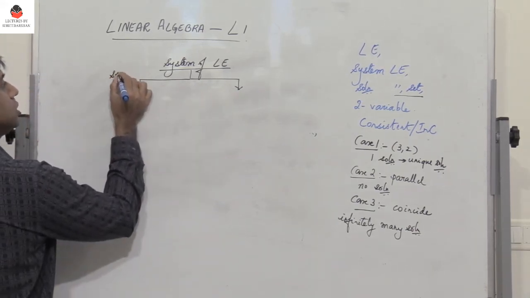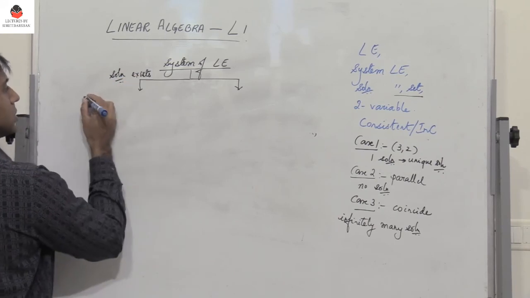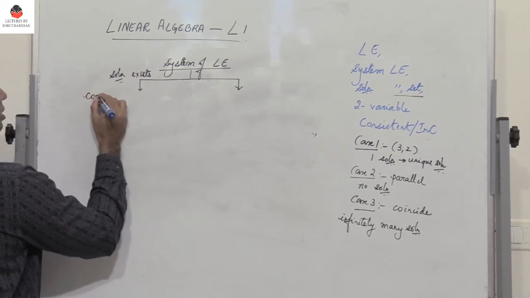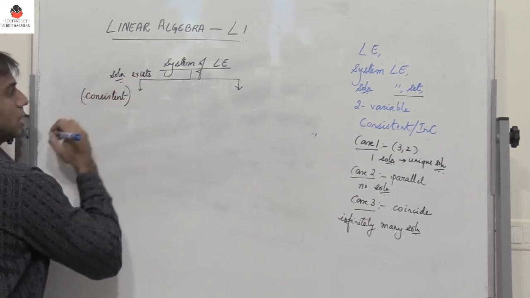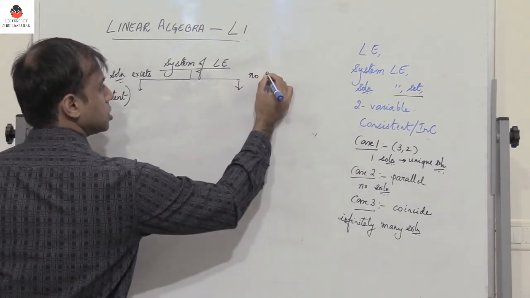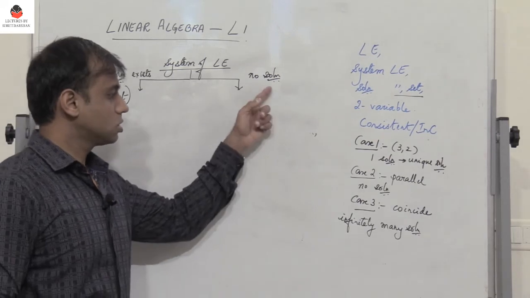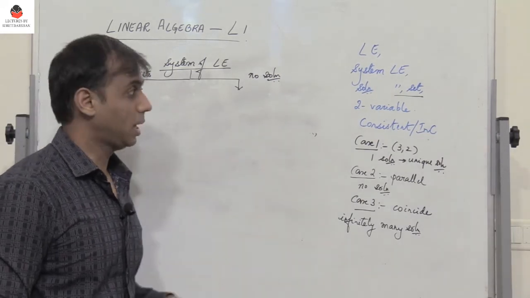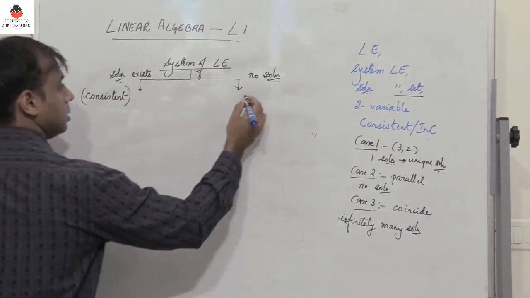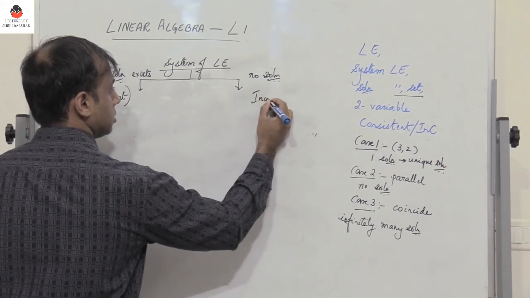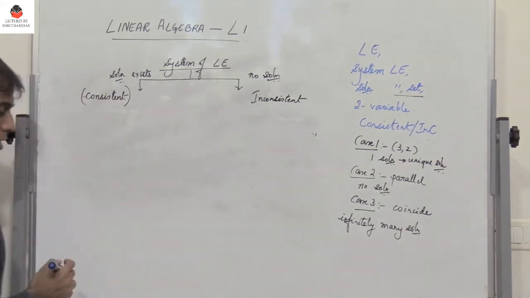If the solution exists, we say that the system of linear equations is consistent. If there is no solution for a 2-variable linear equation, that means the two lines are parallel. We say that they are inconsistent. So there is no solution here.